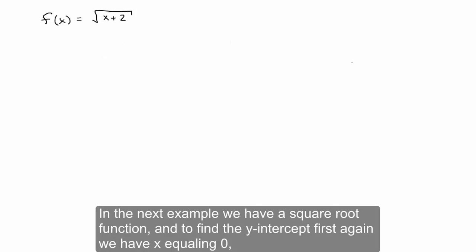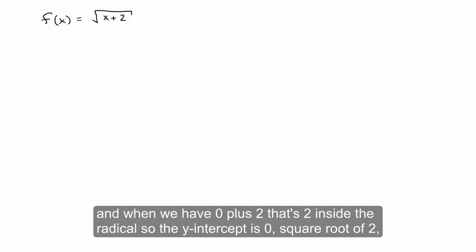In the next example, we have a square root function. And to find the y-intercept first, again, we have x equaling 0. And when we have 0 plus 2, that's 2 inside the radical. So the y-intercept is 0, square root of 2.